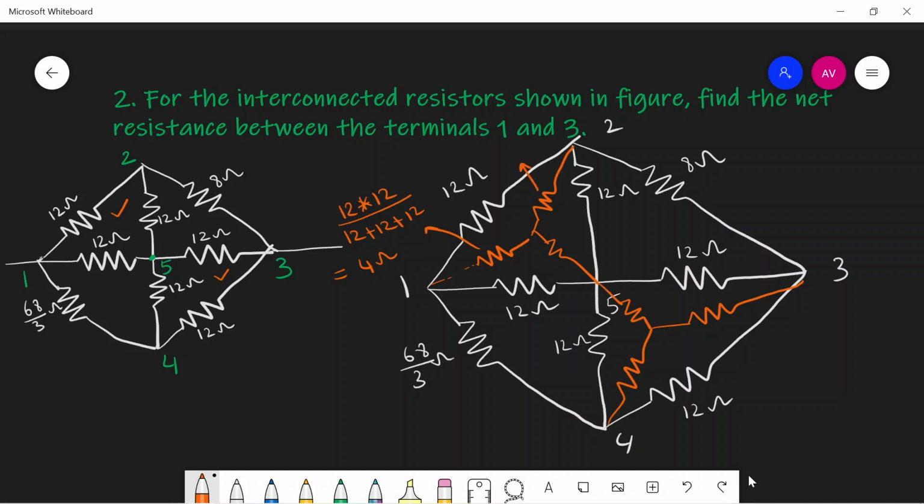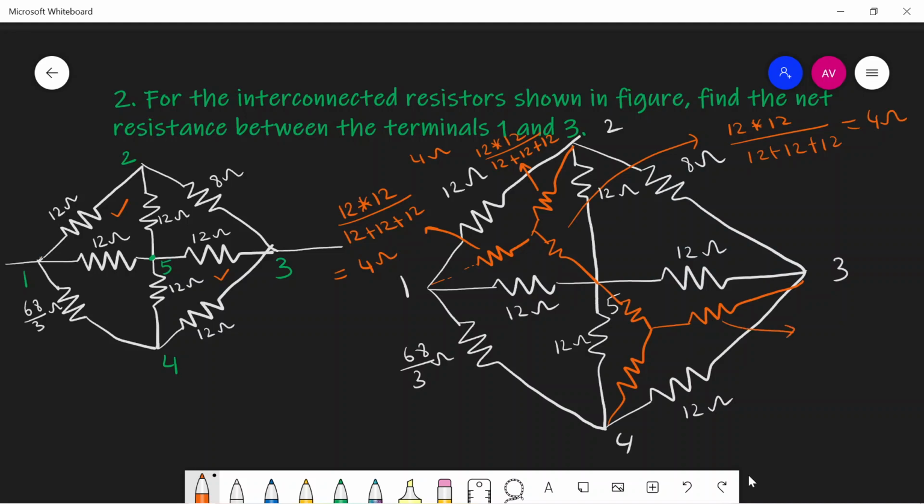For this resistance, 12 into 12 divided by, I'm just applying the formula which we have discussed earlier, equal to 4 ohm. Even for this, 12 into 12 divided by 12 plus 12 plus 12, which is equal to 4 ohm.